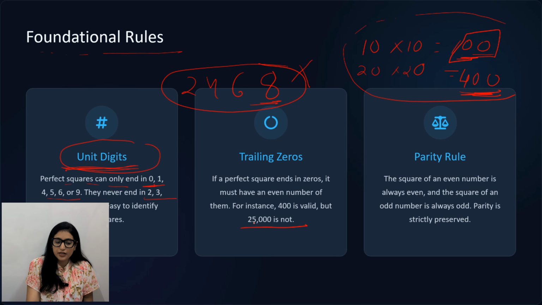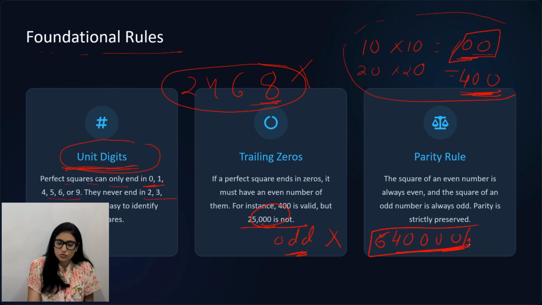For example, the number 25,000 is ending with an odd number of zeros. Hence, it is not a perfect square. If you write any number, say 640,000, you can observe that this number is ending with an even number of zeros. So it is a perfect square.